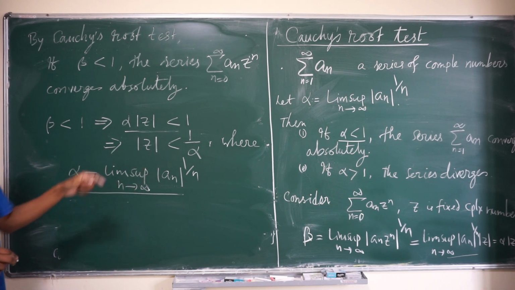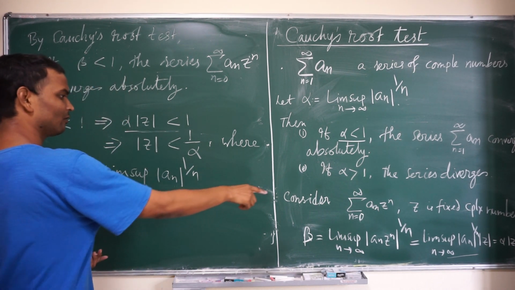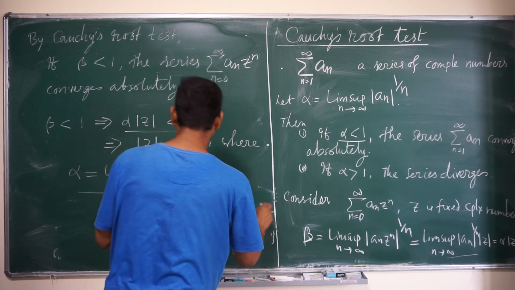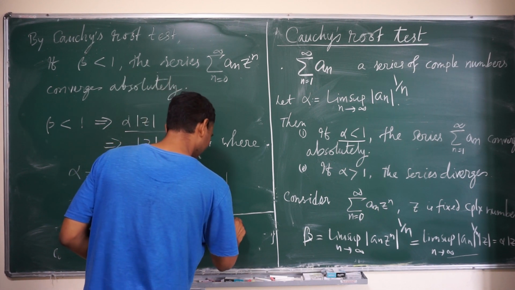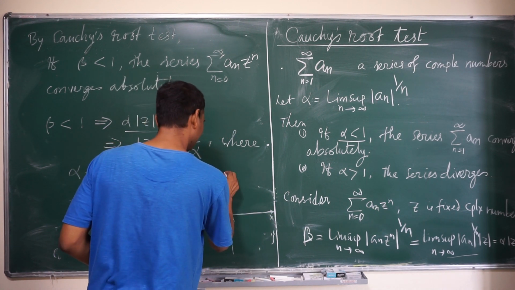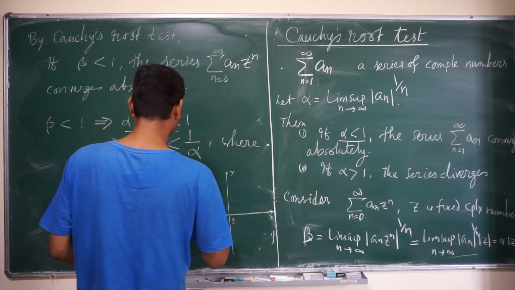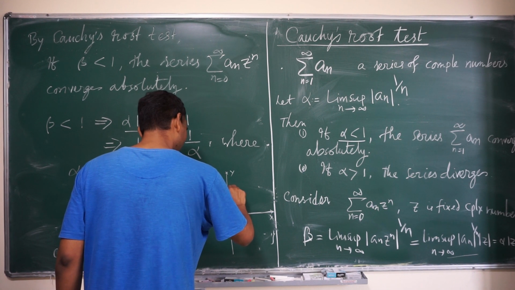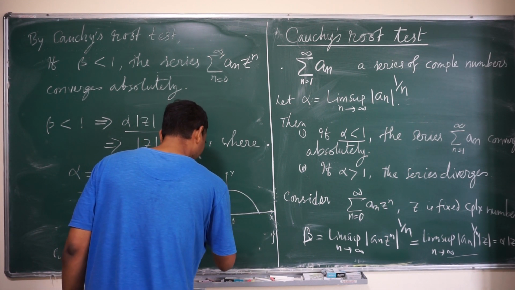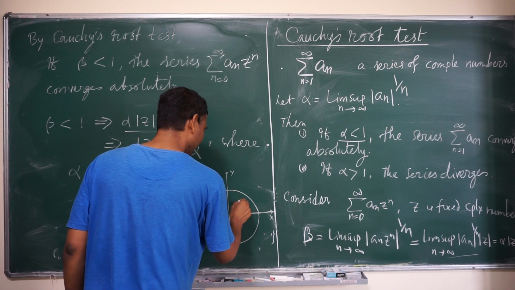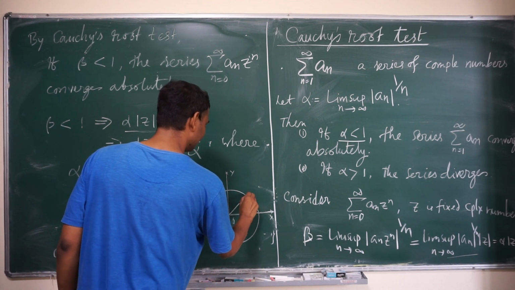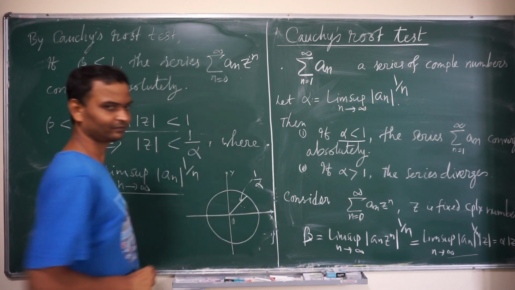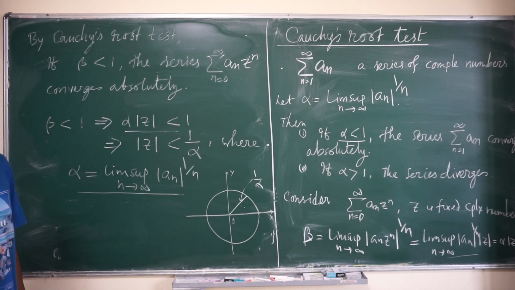So see here, for this series, if this is 0, this the x-axis, this the y-axis, in the geometric planar representation of the complex numbers, z should vary inside this disk, where the radius is 1 over alpha. Alright?